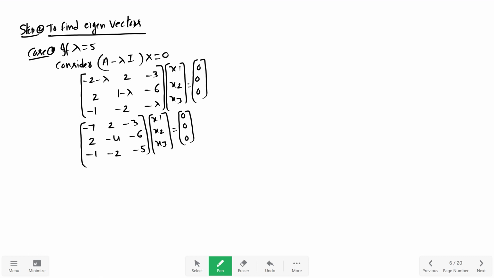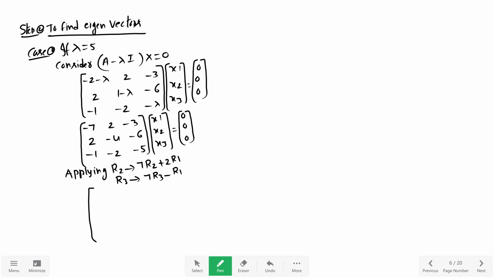This is reduced to echelon form, using only row operations. Make the second and third elements of the first column 0 by using R1. Applying R2 gives 7 R2 plus 2 R1, and R3 gives 7 R3 minus R1.